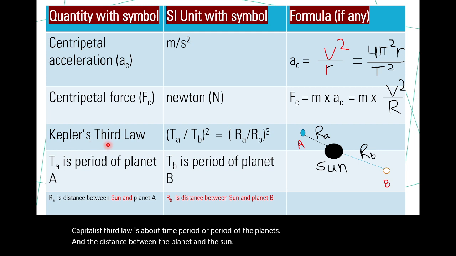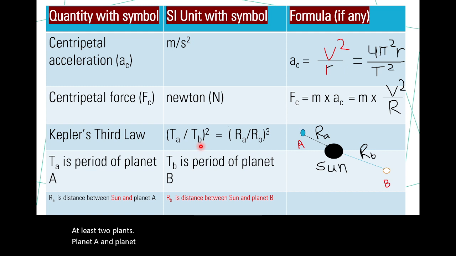Whenever we talk about Kepler's third law, we talk about at least two planets, planet A and planet B. So the formula is the ratio of the periods. If planet A has period TA, then planet B has period TB. We divide and then we take a square.